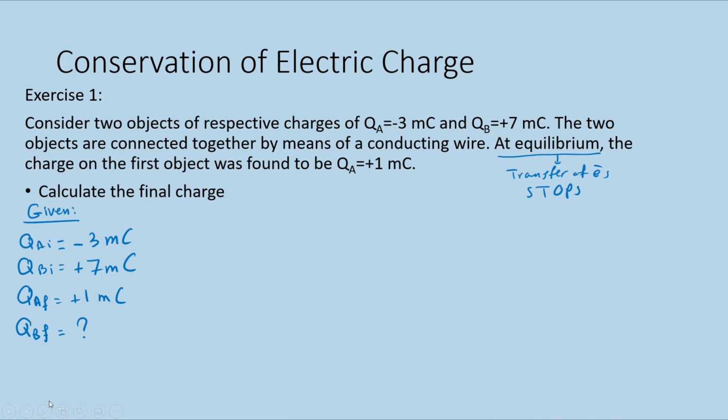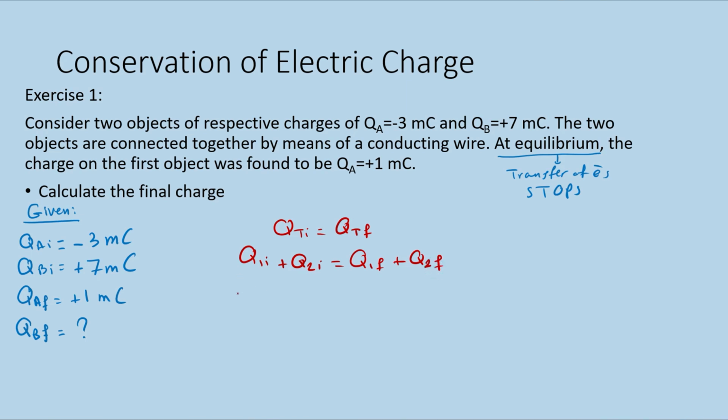We apply the mathematical representation of conservation of electric charges. So we have Q total initial equal to Q total final. Then Q1 initial plus Q2 initial is equal to Q1 final plus Q2 final.